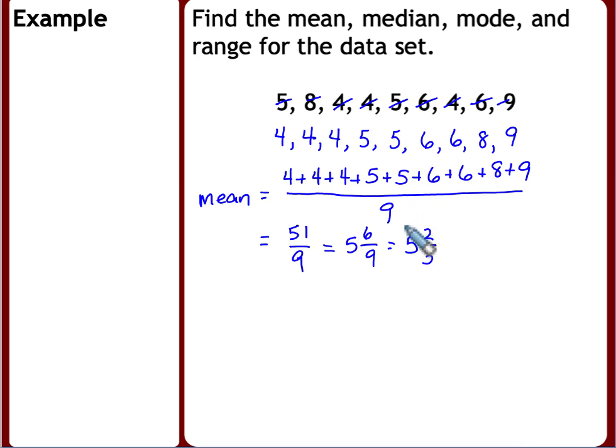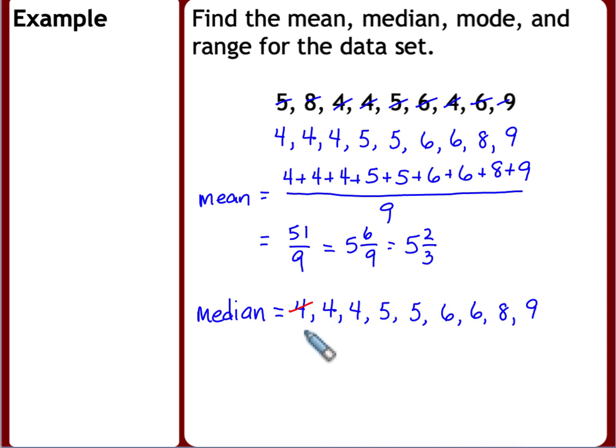Alright, next up for the median. This is where the ordering from least to greatest comes in handy. We want to find the number that's in the middle of these. So what we typically do is cross off numbers, the smallest and the largest, in pairs. So it's not like you're crossing off the 4 and then you're crossing off the 9.